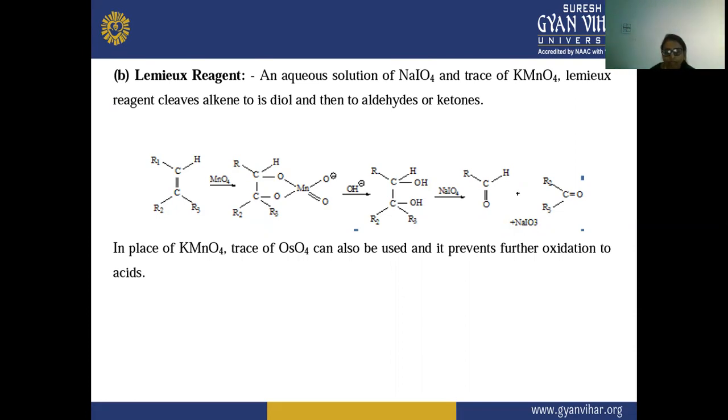So if we use OsO4 in place of KMnO4, then further oxidation to acids can be prevented. In the Lemieux reagent, an aqueous solution of sodium IO4 and traces of KMnO4 are used, and this reagent cleaves the alkene or diol to its aldehyde or ketone. So here you can see an aldehyde is also formed and a ketone is also formed.